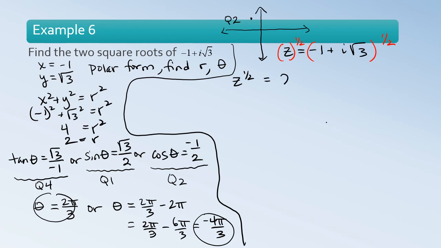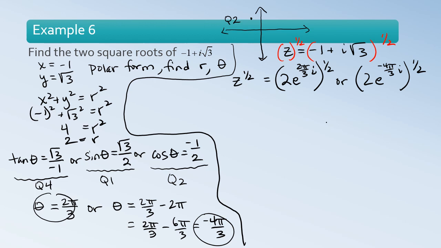So my r, remember, was 2 and e to the I theta. Well, one of my thetas was 2 pi over 3 to the I, so I'm going to raise that to the 1/2 power. Or to get the other root, I'm going to take 2e to the -4 pi over 3i to the 1/2 power. I'm going to work both of these out, and believe it or not, they're going to give me different answers. Those different answers will be the 2 roots of this complex number.